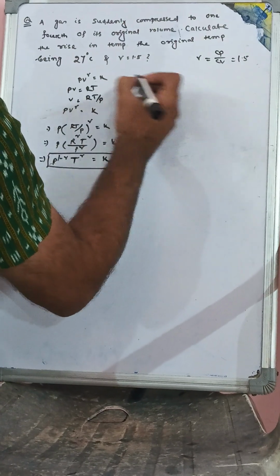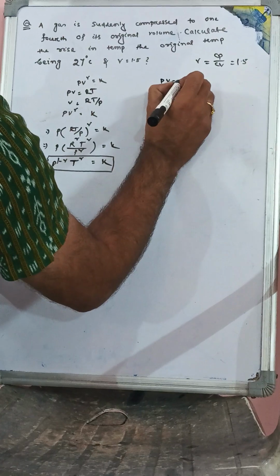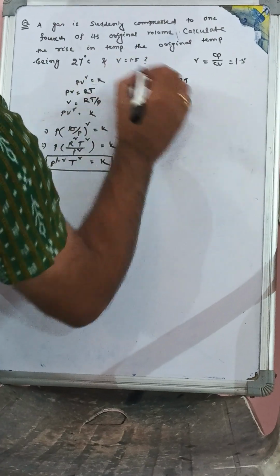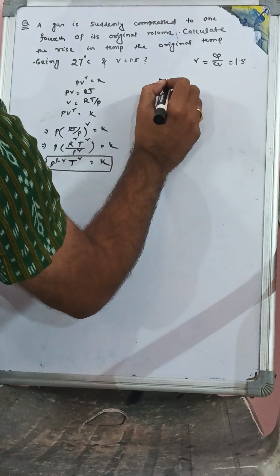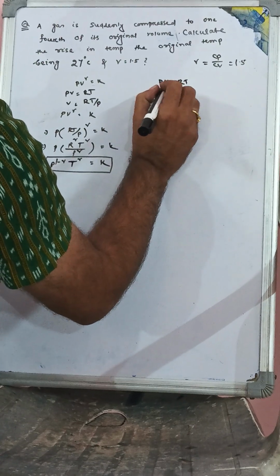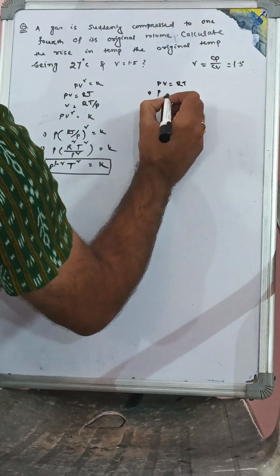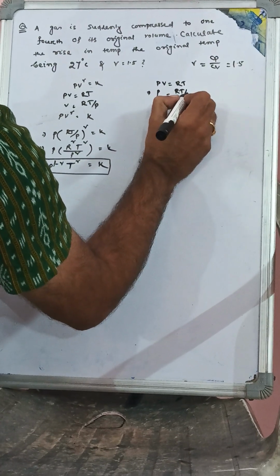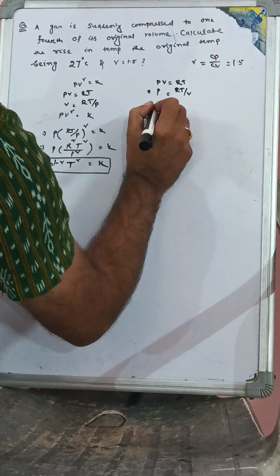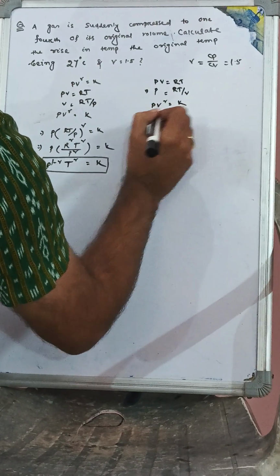Now we put the value of PV is equal to RT, so we find P is equal to RT by V. Then PV to the power gamma is equal to constant.